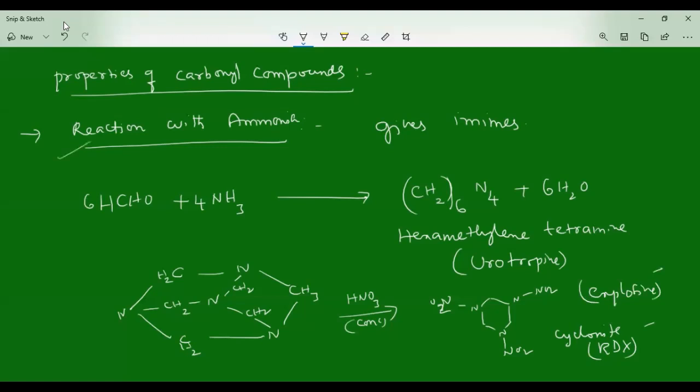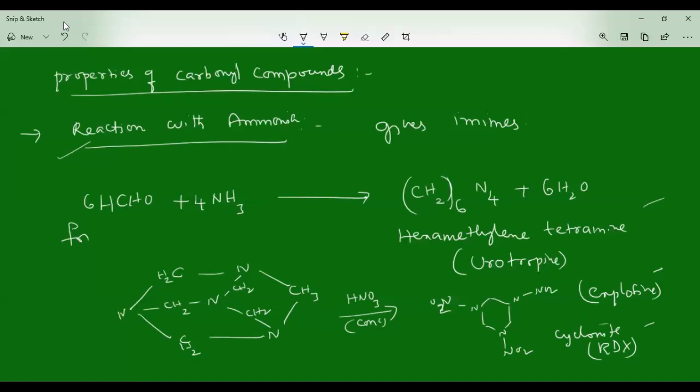We got hexamethylene tetraamine, urotropine, a cyclic compound, and this is subjected to nitration. That gives cyclonite, which is also known as RDX. That is the importance of this reaction of formaldehyde.